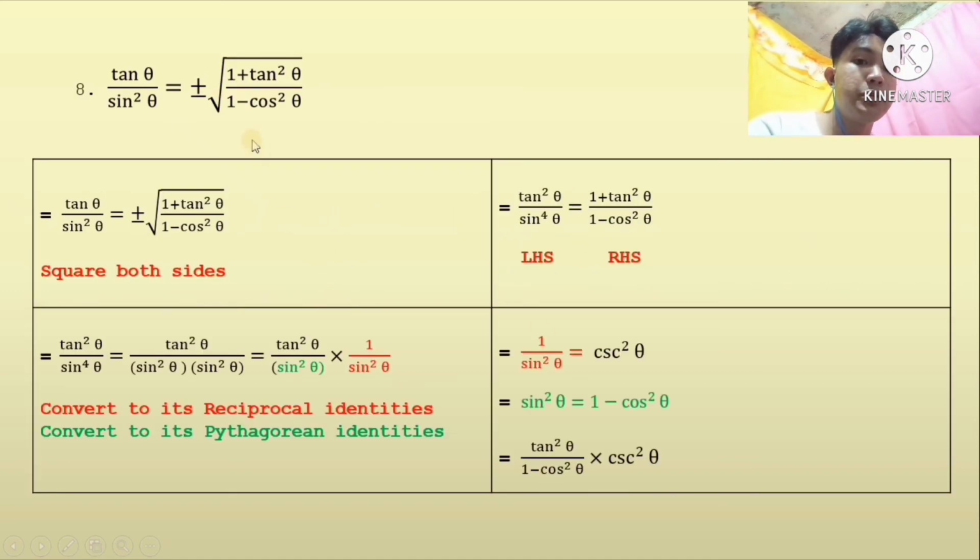So, next problem, number 8. Let's prove this expression. To cancel the radical sign or the square root, square both sides.